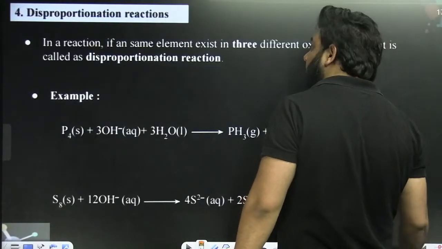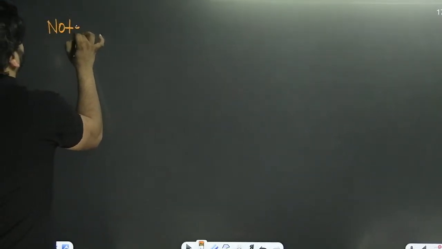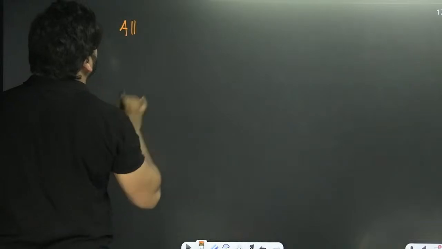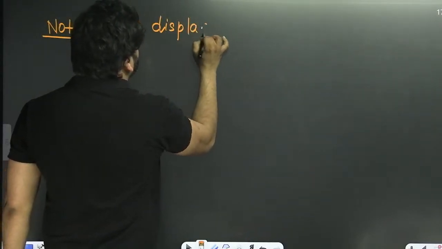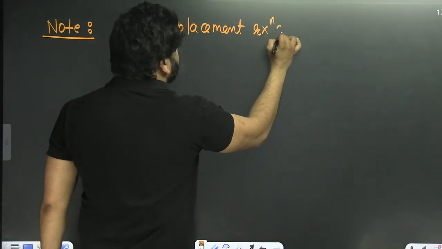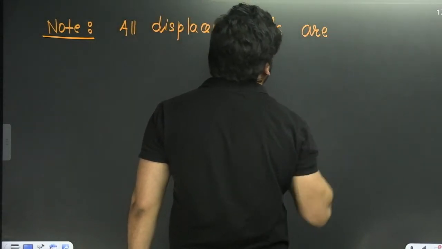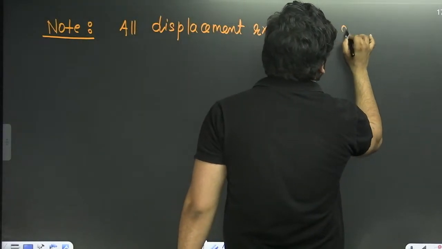So I would like to add one point here. Write it down as a note that all displacement reactions are redox in nature.